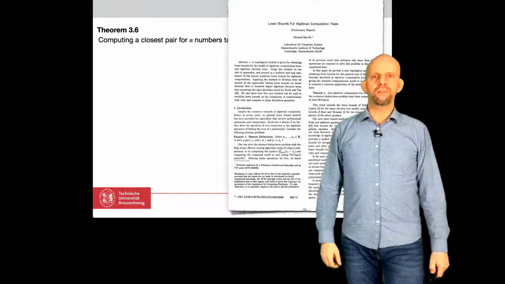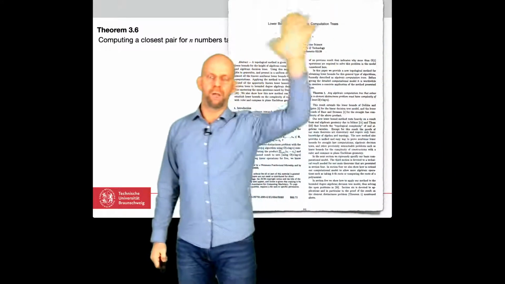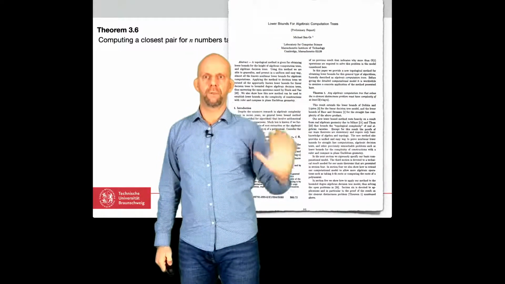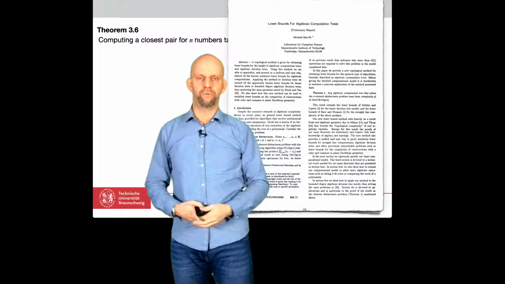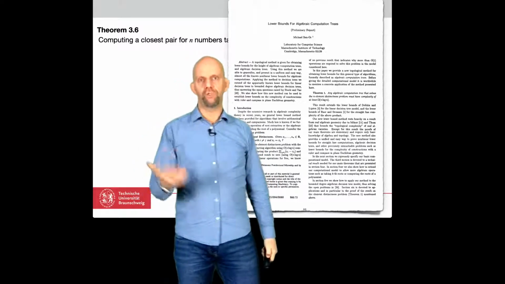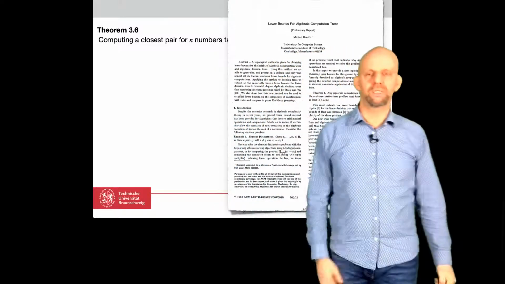Now, it's worth looking at this because this kind of lower bound applies to a whole number of different problems and a whole family of different approaches, different models, really, because we're looking at models of computation.